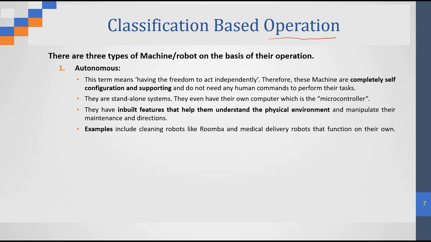Second, we can say it is a standalone system. Standalone means the same thing, not controlled by another device. Now if we come to Ahmad's example, the drone. We have the drone, and we have a remote to control it.